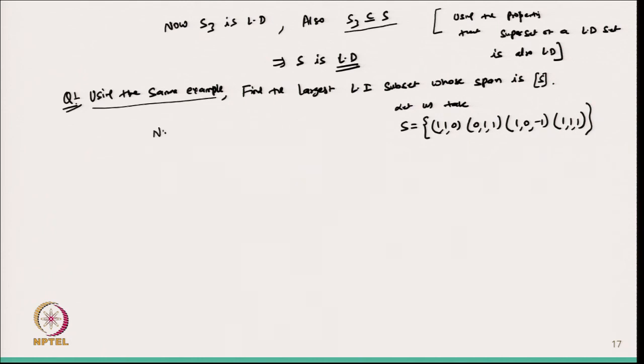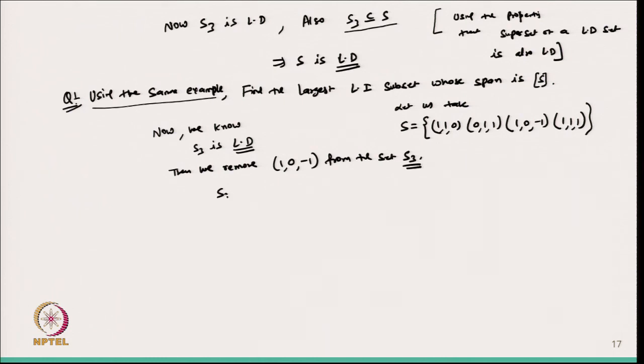Now, we know that S3 is LD, then we remove 1 0 minus 1 from the set S3. Okay.